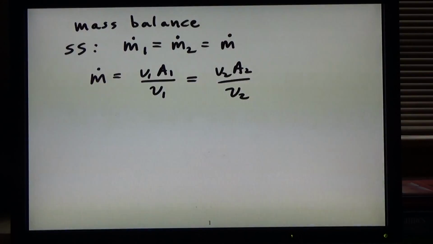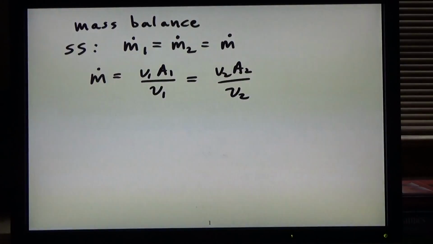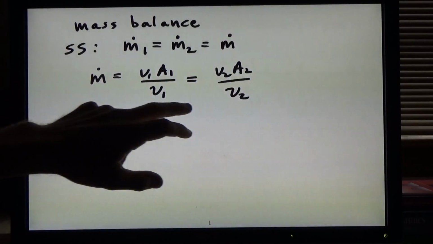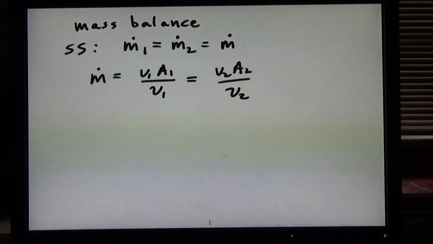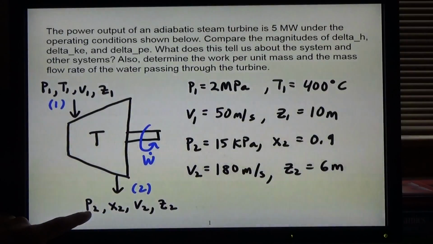If we look at these properties, we do know velocity at the inlet and velocity at the exit. Also with the specific volume, that's probably something that we can look up based on the pressure and temperature at the inlet, or for the exit we could look it up based on pressure and quality.